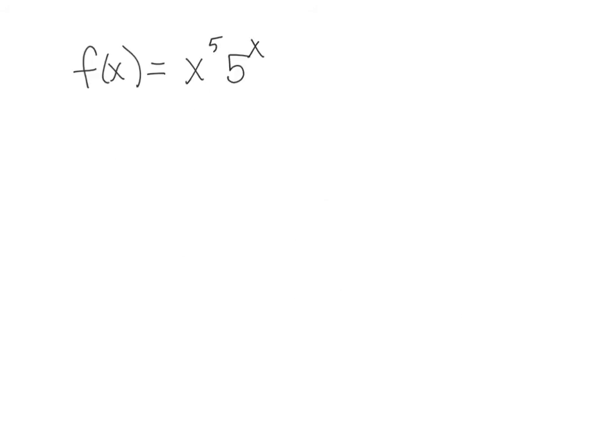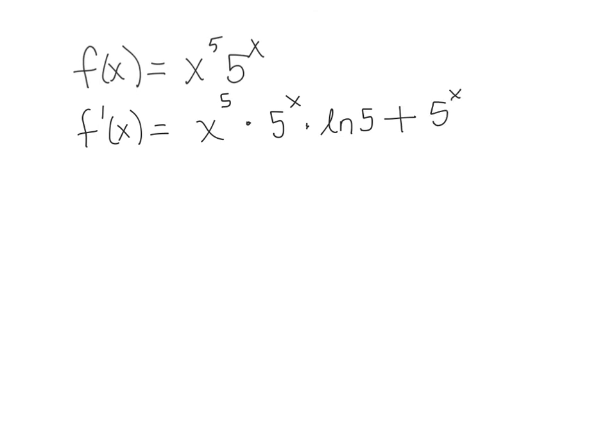And here's our old favorite, the product rule. When I go to take the derivative of this, I do first times the derivative of the second, which is 5 to the x times the natural log of 5 times the derivative of x, which is just 1, plus 5 to the x times the derivative of the first, which is 5x to the fourth.